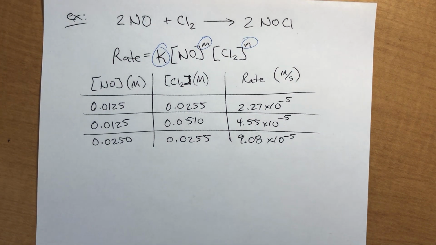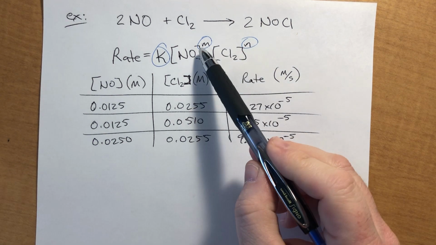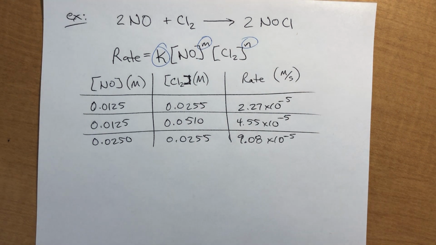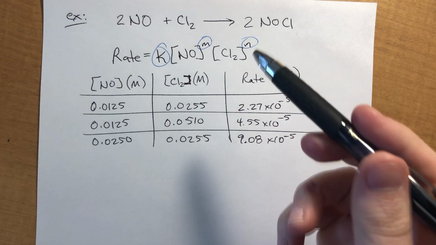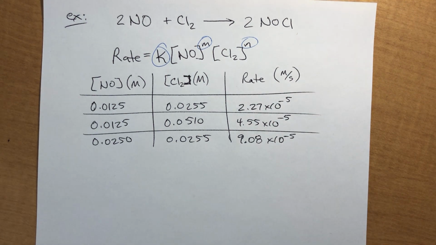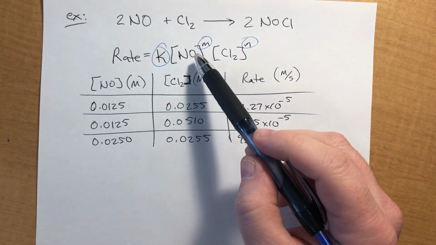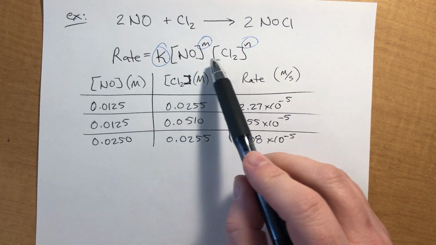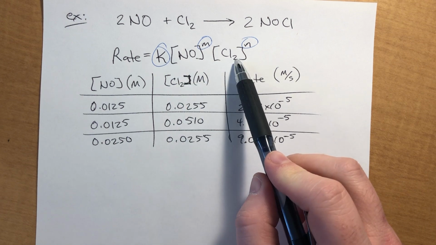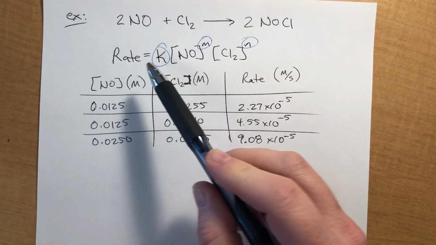Okay, so what we're really looking for out of this is you should solve for m and n first. It sounds almost counterintuitive to solve for the exponents first, but it's actually the easiest thing to solve for. So what we're looking for is if one of these two things doubles, we want to know, does the rate double?